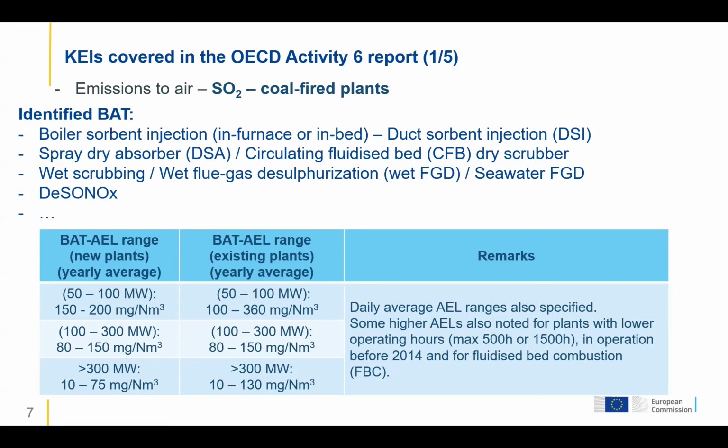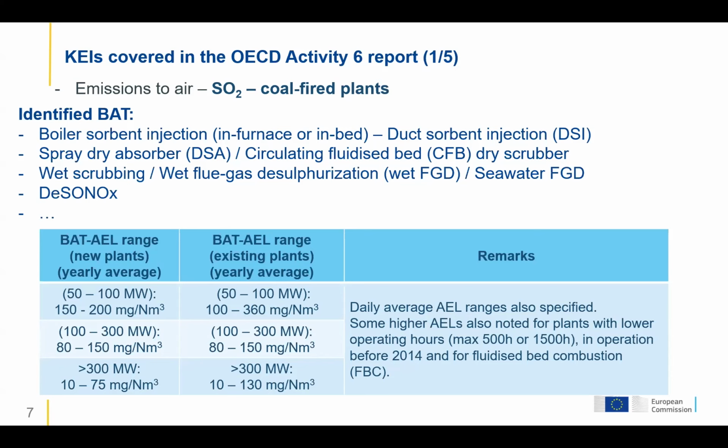Of course, as in the case of dust, in addition to the BAT-AEL ranges for yearly averages, we have in the European Union BREF daily average ranges, and we have some higher associated emission levels also noted for plants with lower operating hours.